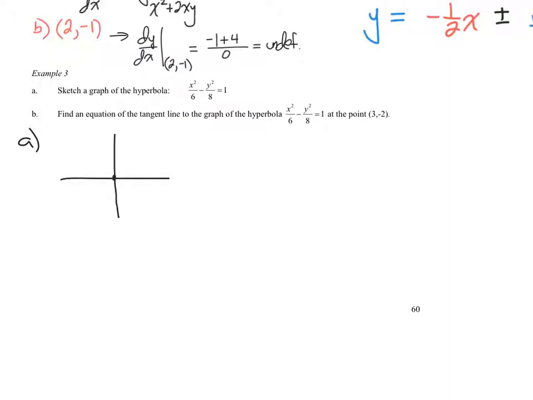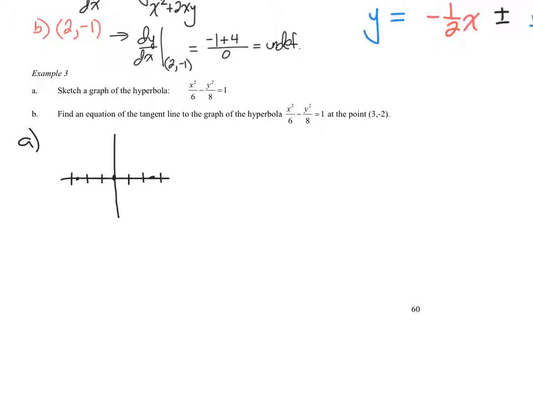You have a horizontal movement of radical 6 units, which is somewhere between 2 and 3, so plot a point, just ballpark it. Then a vertical change somewhere between 2 and 3, because this is the square root of the denominator of the y term. The square root of 8 is somewhere between 2 and 3, closer to 3.